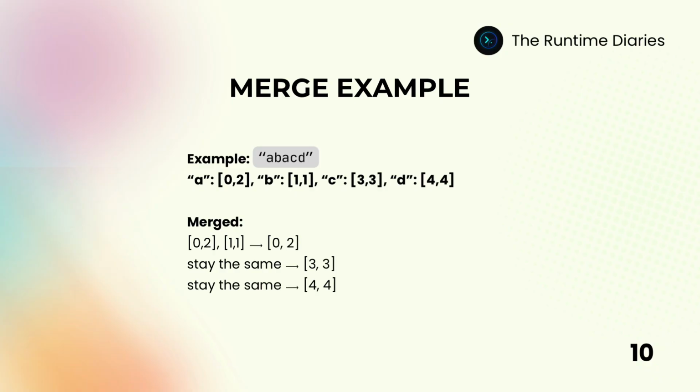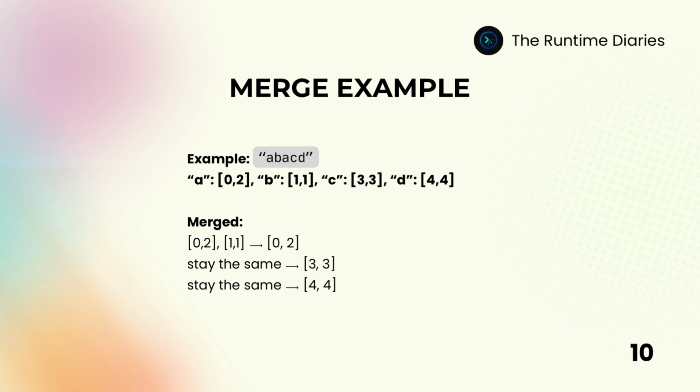Let's apply this to A, B, A, C, D to see it in action. The intervals we computed were A is 0, 2, B is 1, 1, C is 3, 3, and D is 4, 4. First, sort them by starting index. They're already sorted in this case. Now, merge.